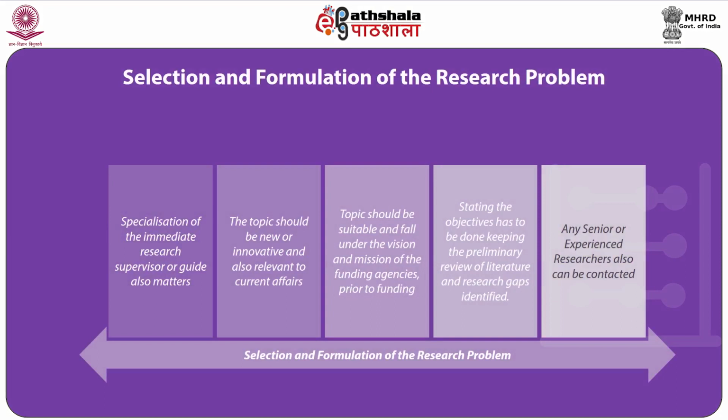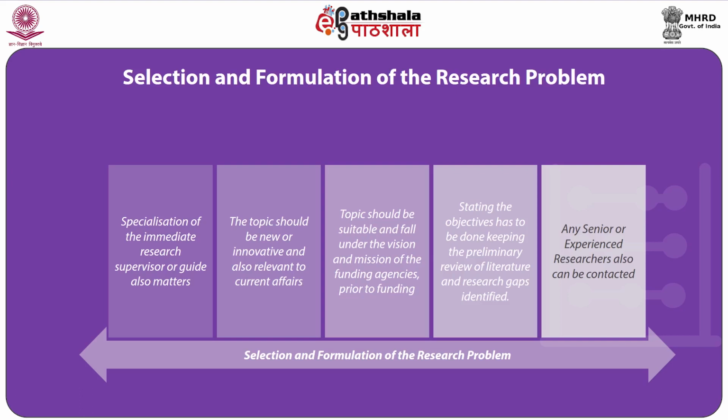Here, the first and foremost point is that the researcher should select a topic which is specialized to him in a particular discipline. The specialization of the immediate research supervisor or guide also matters. The topic should be new or innovative, or at least less explored, and also relevant to current affairs. If the researcher wants to seek funding or a fellowship from a funding agency, the topic should be suitable and fall under the vision and mission of the funding agencies.